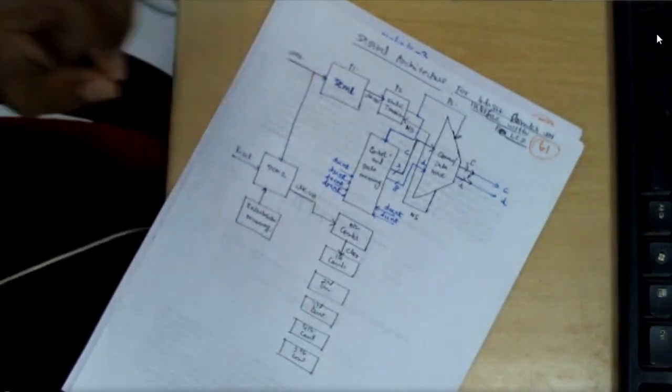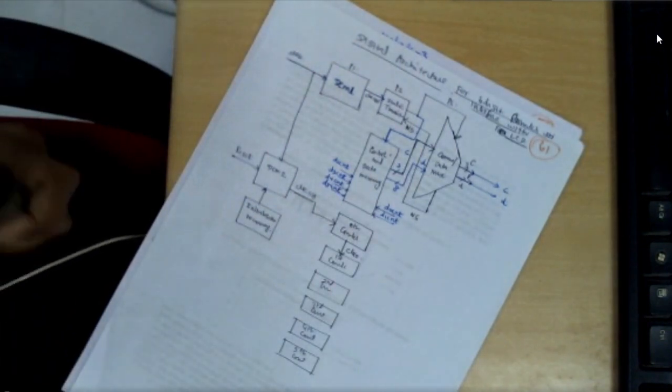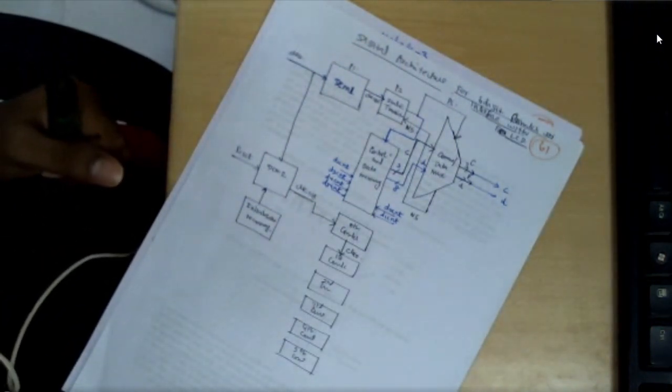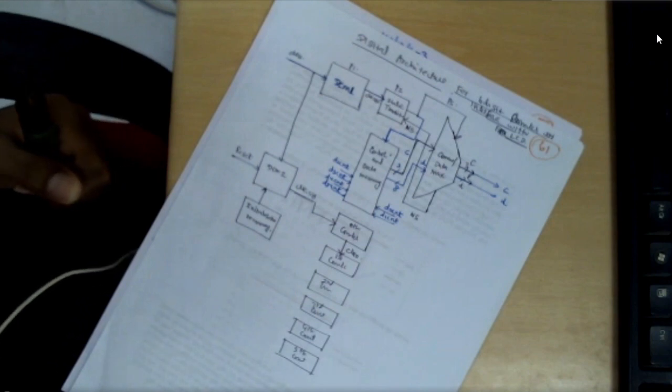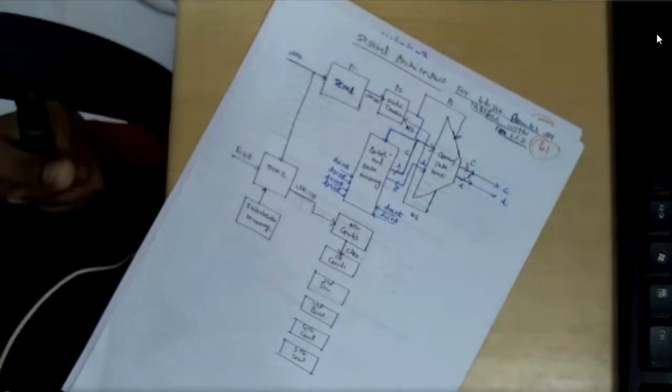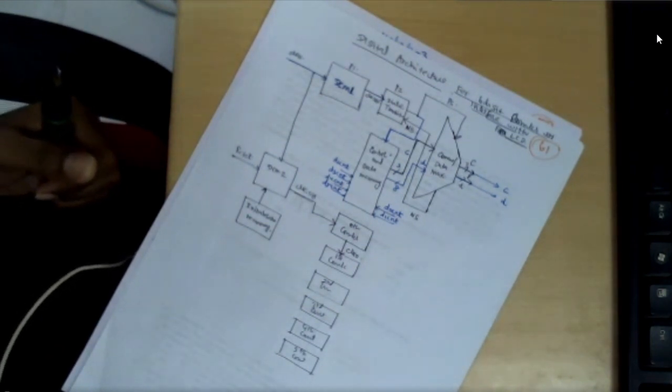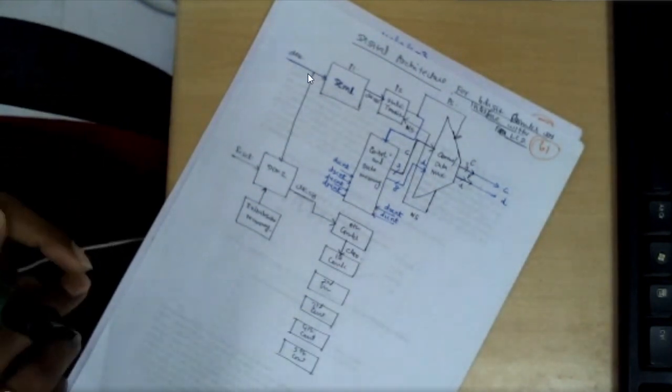These are all inputs coming from another section. All are working in parallel. That is one of the main advantages of our FPGA. All these counters, D0, D1, D2, D3, are working.